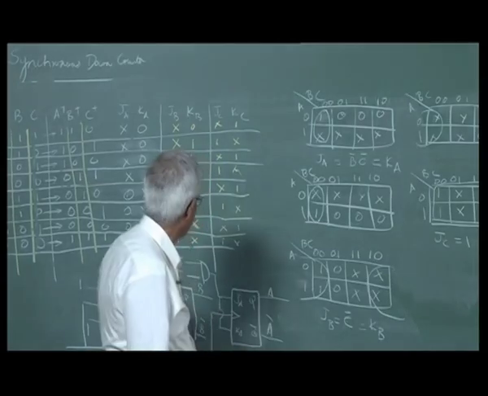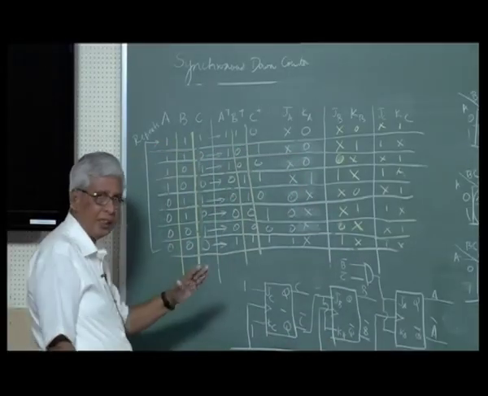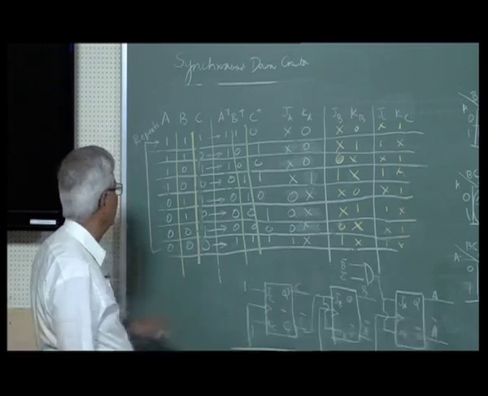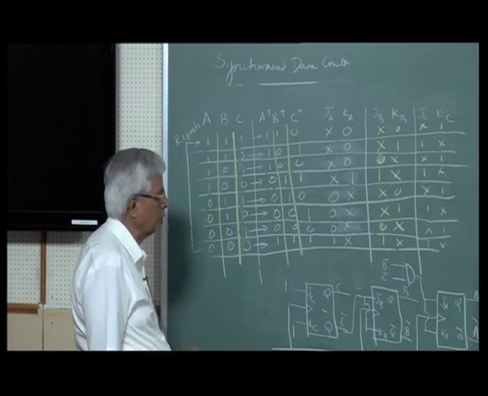This is sort of an inverse of what I wrote earlier, because there I considered this as the starting, I should have considered this as the starting. So please correct the dA, dB, dC I did earlier using Karnaugh maps.